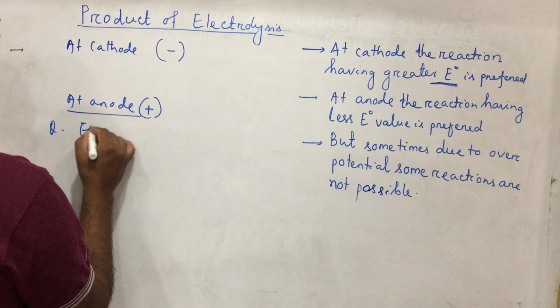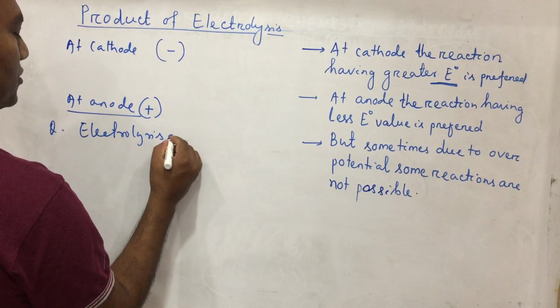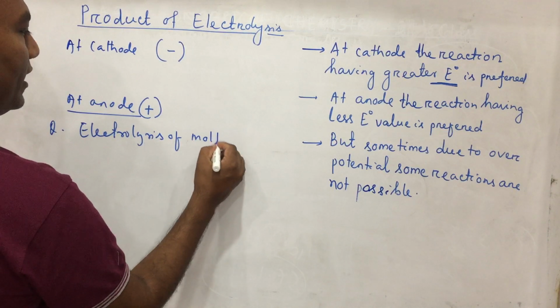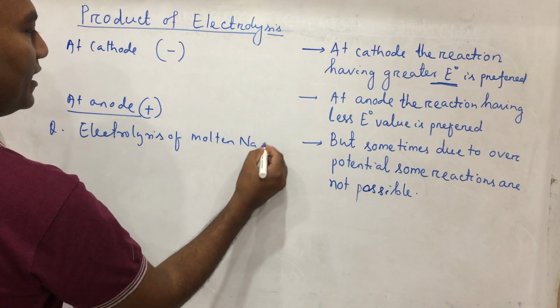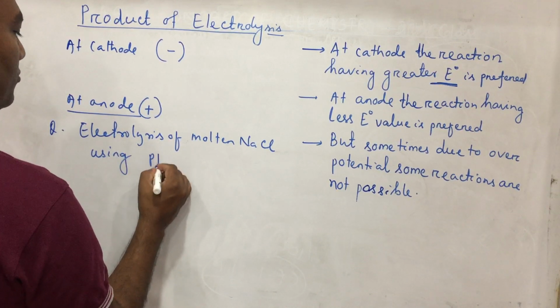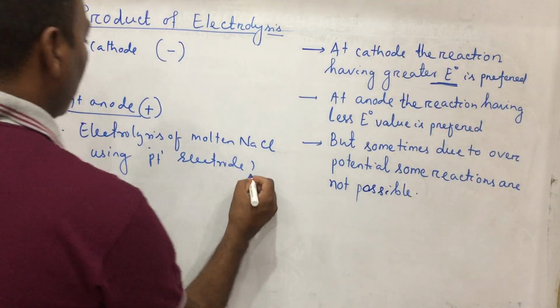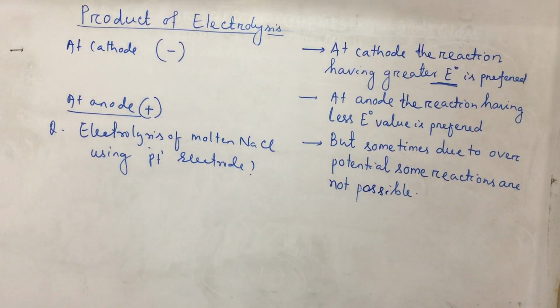Question is: electrolysis of molten NaCl using platinum electrode.